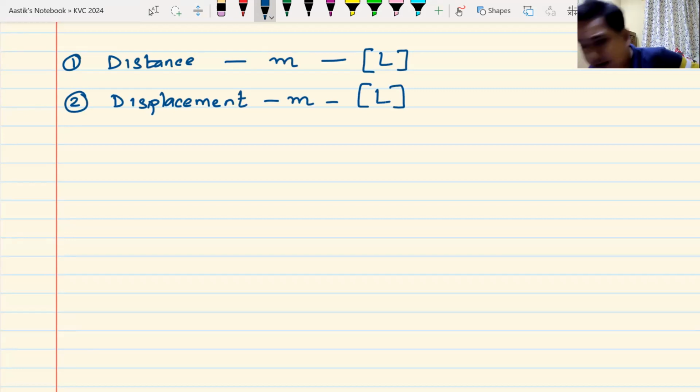Does that mean that they are the same quantity? No, sir. A very important result that you must remember, there might be physical quantities which have same units, which have same dimensions, but they are not same. They are different. Distance is not same as displacement.